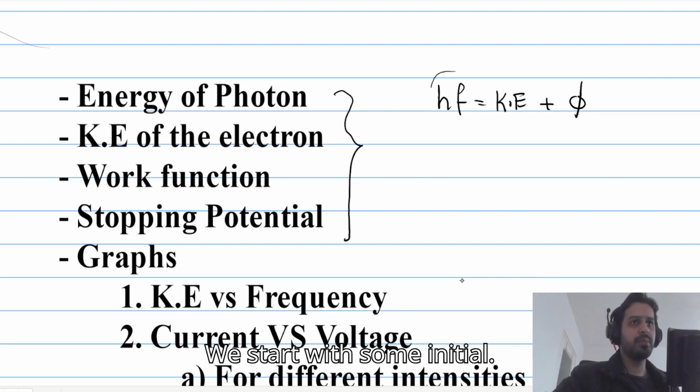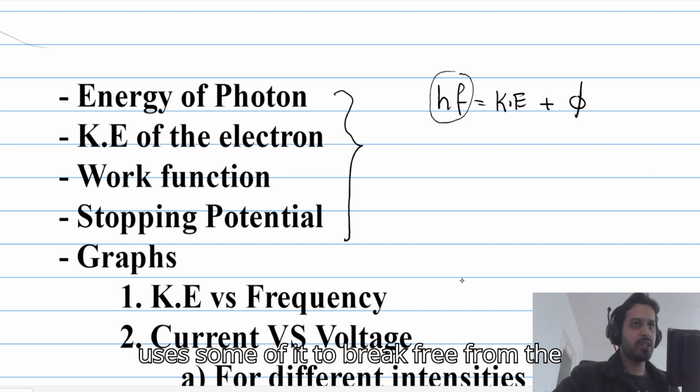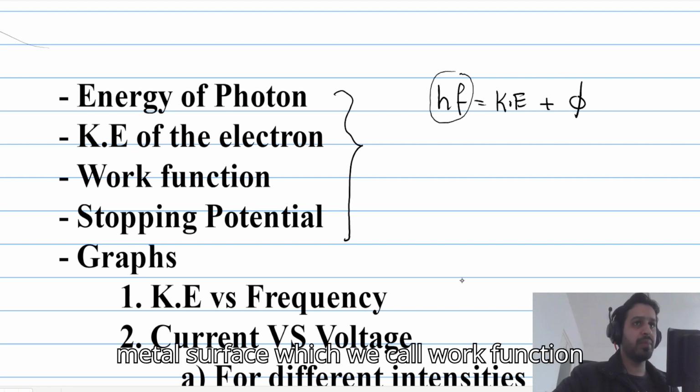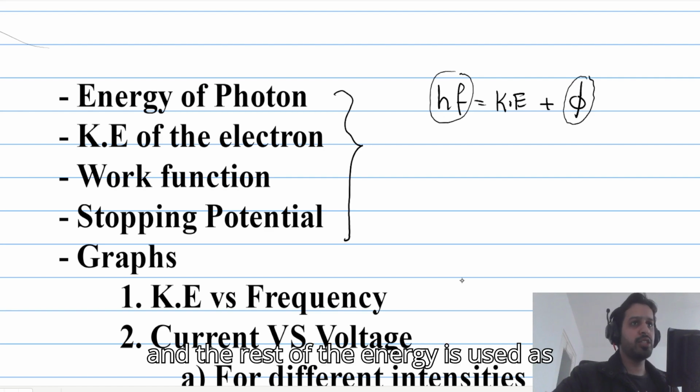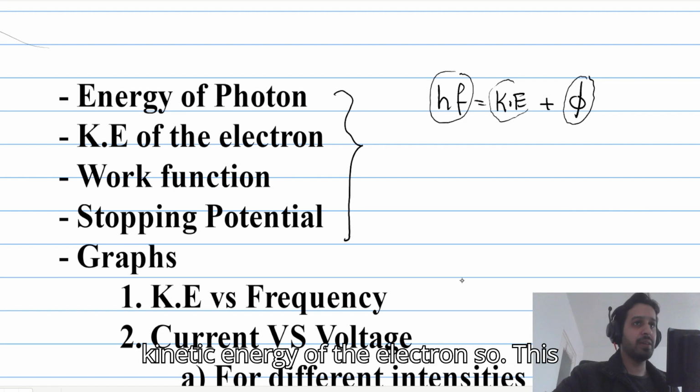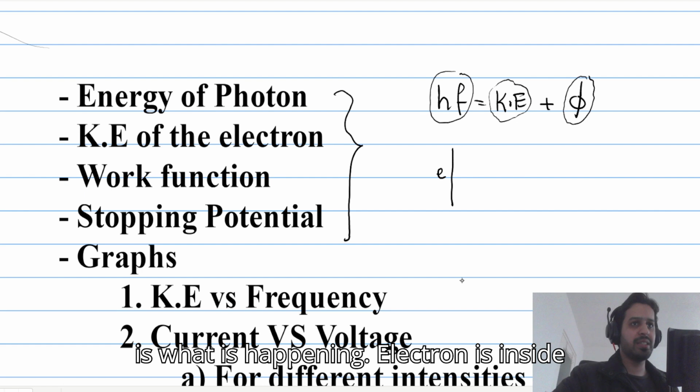We start with some initial energy of photon hf, and the electron absorbs this energy, uses some of it to break free from the metal surface, which we call work function, and the rest of the energy is used as kinetic energy of the electron. So this is what is happening. Electron is inside the metal surface.